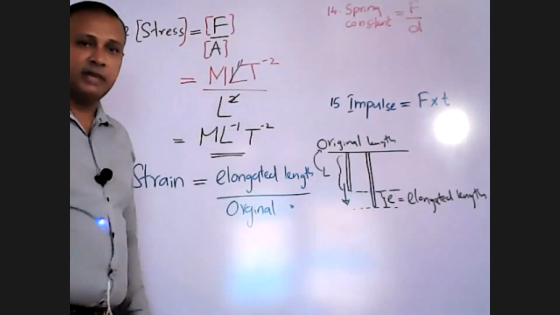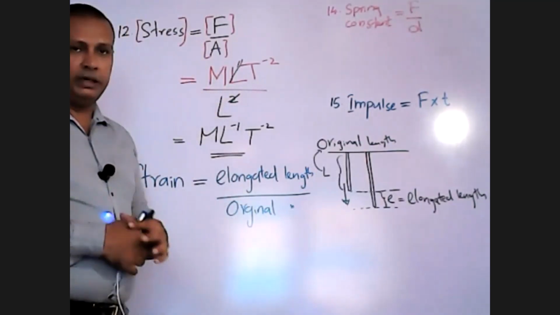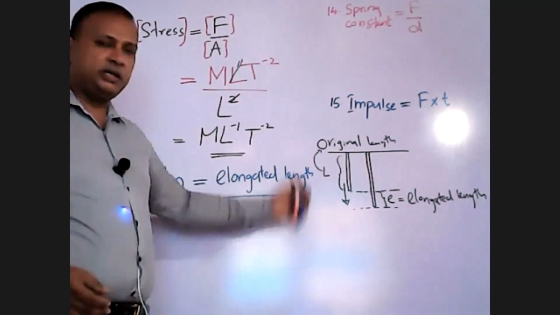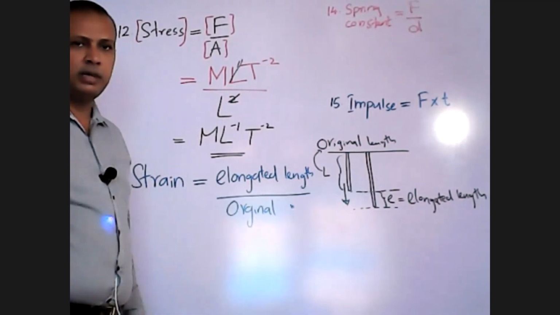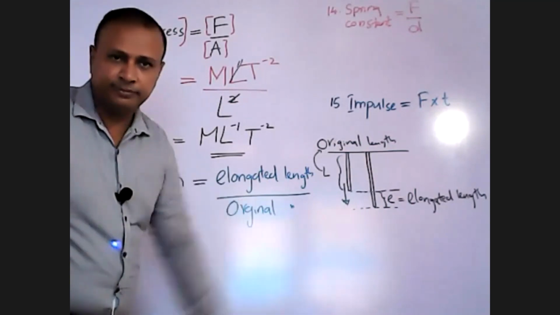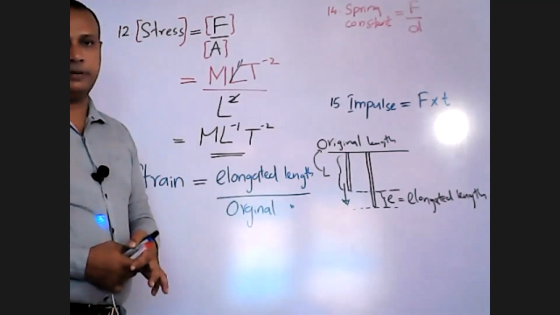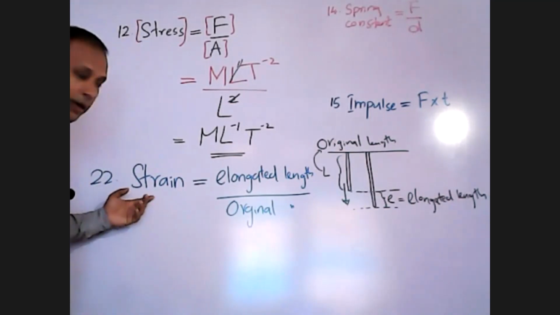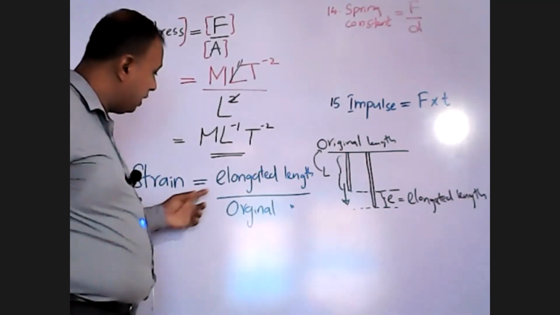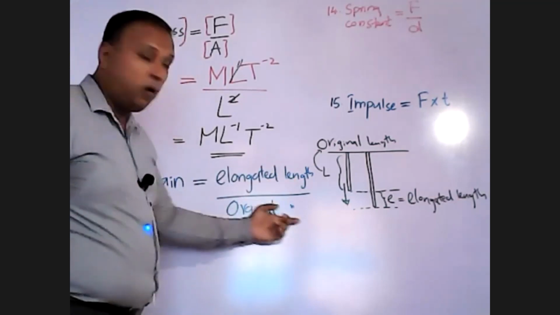That is the physical quantity represented by strain. Do you understand this one? Strain is equal to the elongated length over original length.